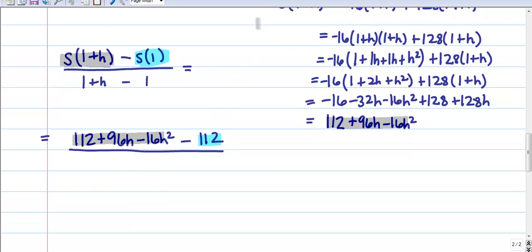Now, the denominator, if you look at the denominator, you've got 1 plus h minus 1, so it reduces to just h. Now I can simplify the numerator. The 112s divide out. And so I'm left with 96h minus 16h squared.